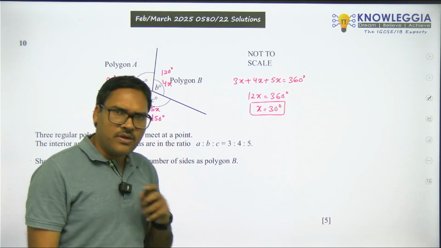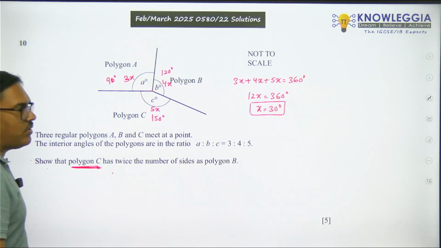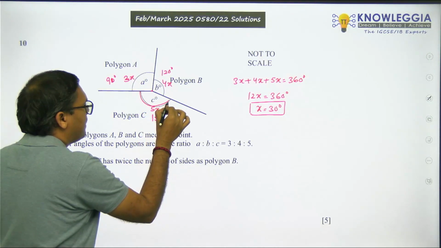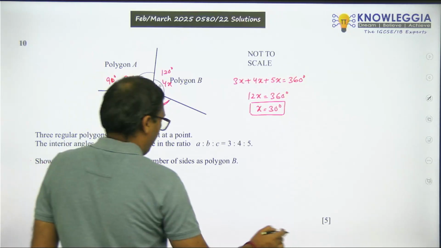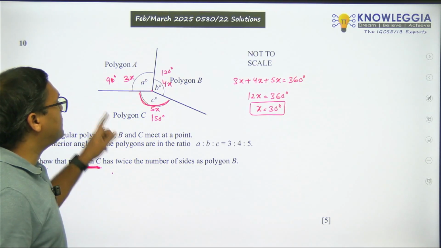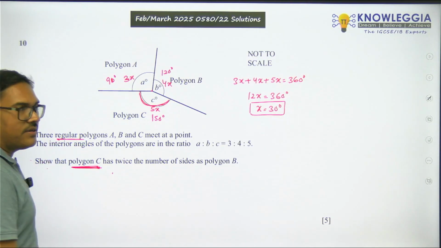So polygon A, polygon B, polygon C, we have got that. Now, how will you get the number of sides of polygon C? So what is the angle of polygon C? This is the interior angle of polygon C. Now, if you have the interior angle of polygon C, I can easily find the exterior angle of polygon C. Okay.